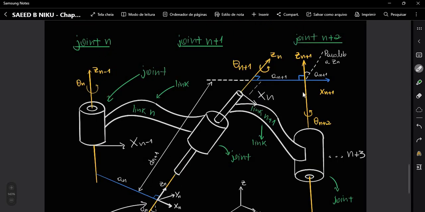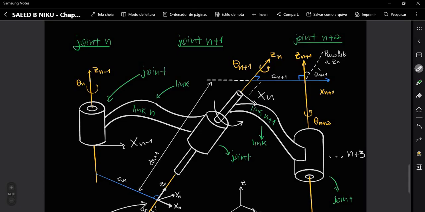This is the axis that we will apply again a rotation, and when it says about xn plus 1, it means that we are rotating in this direction. It's not saying about xn, which is this common normal.